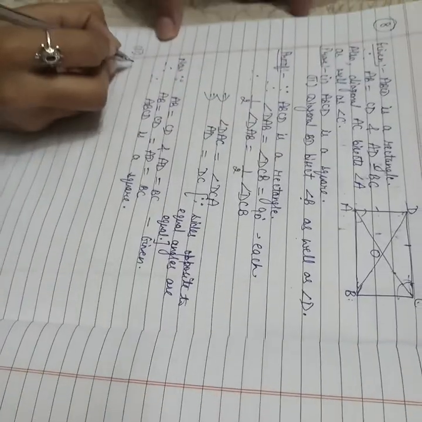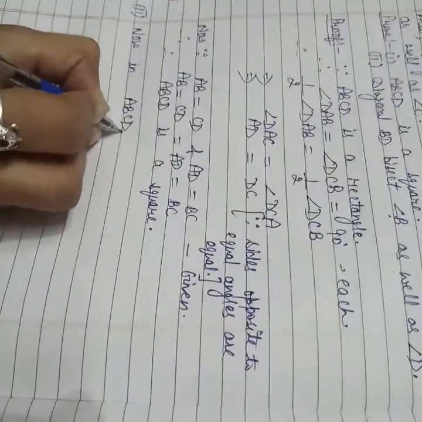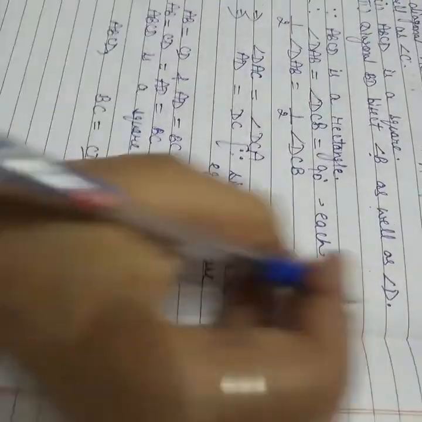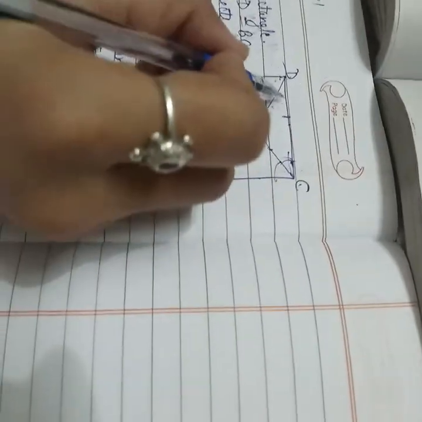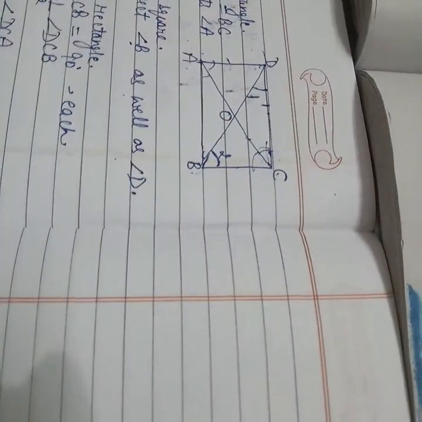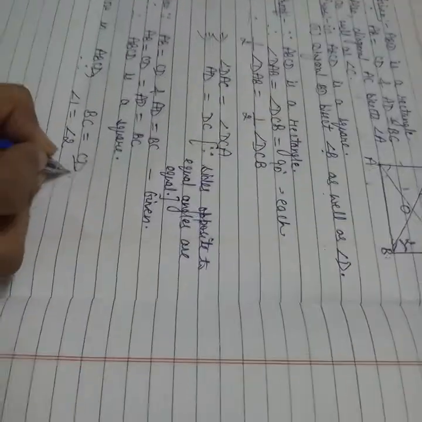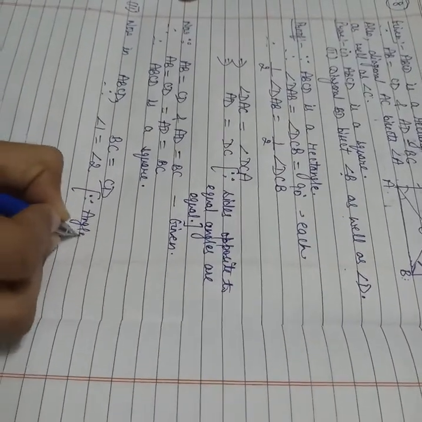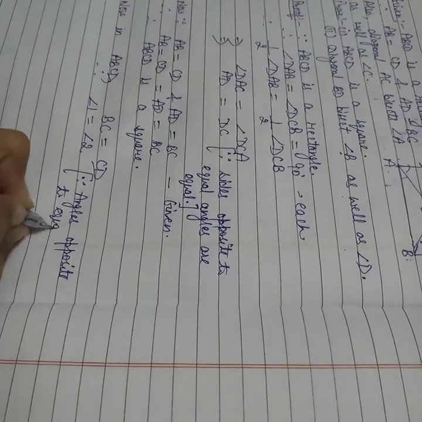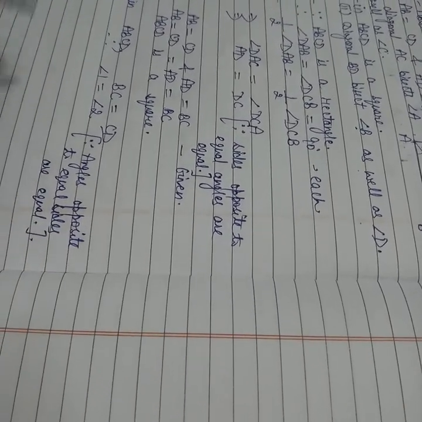Now in part second, we have to prove that diagonal BD bisects angle B as well as angle D. Now in ABCD, BC equals CD. BC and CD are equal, therefore these two angles are equal. Let this is angle 1, this is angle 2. Therefore angle 1 equals angle 2 because angles opposite to equal sides are equal.